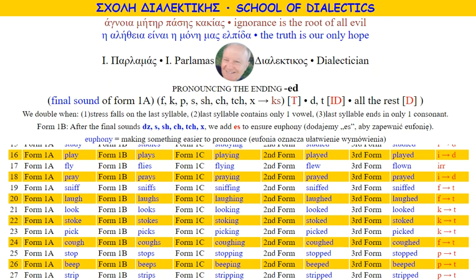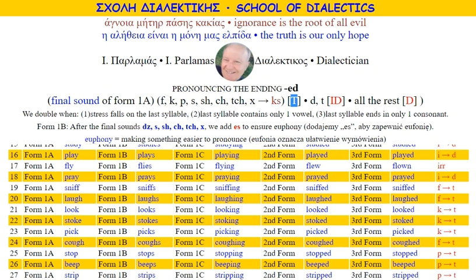So cough, final sound F, we pronounce it as a T. Cough, coughs, coughing, coughed. Stop, final sound P. We pronounce it as a T. Stop, stops, stopping, stopped.